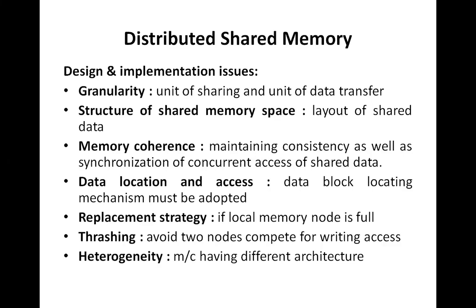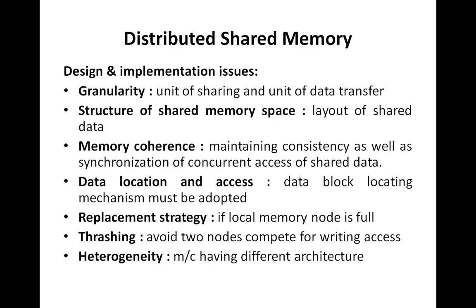In the distributed shared memory system, concurrent accesses to the shared data may be possible. So a memory coherence protocol alone will not be sufficient to maintain the consistency of the shared data.